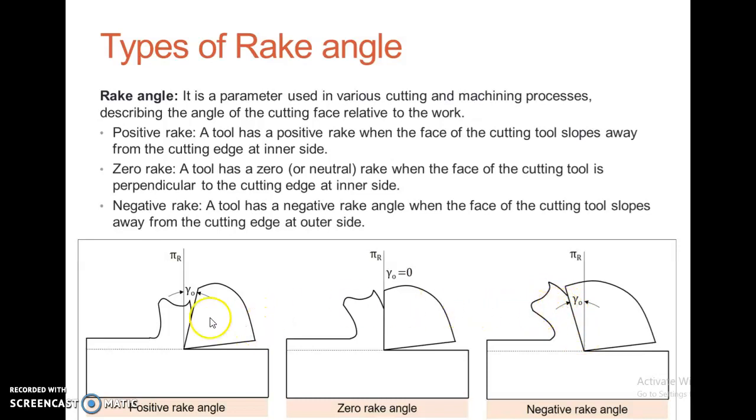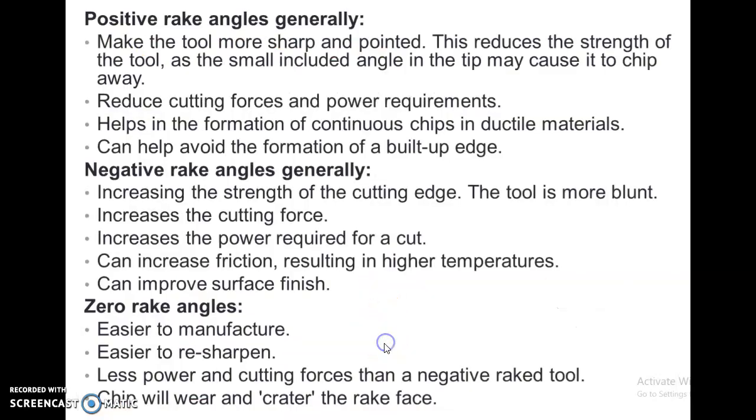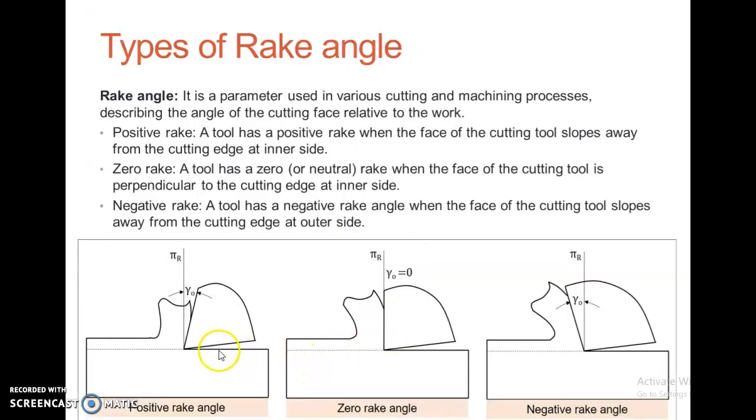Okay, so this is at the inner side. This is perpendicular. The face is perpendicular to the cutting edge. So this is the cutting edge. This is the cutting edge. You can describe it very easily. The face slopes away from the cutting edge at the inner side.